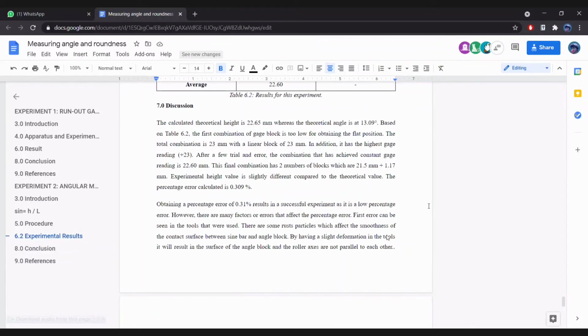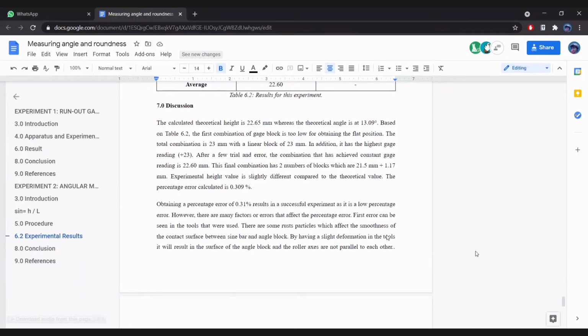Based on table 6.2, the first combination of gauge block is too low for obtaining the flat position. The first one is 23 millimeter with a linear block of also 23 millimeter. In addition, it has the highest gauge reading, which is positive 23.